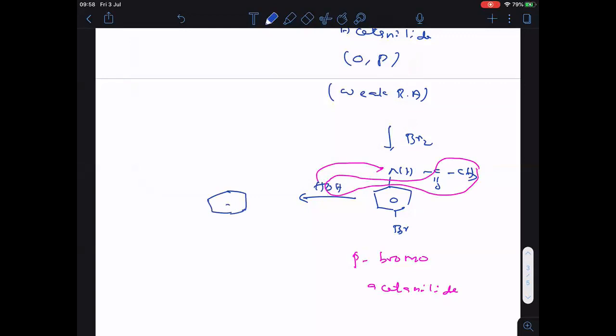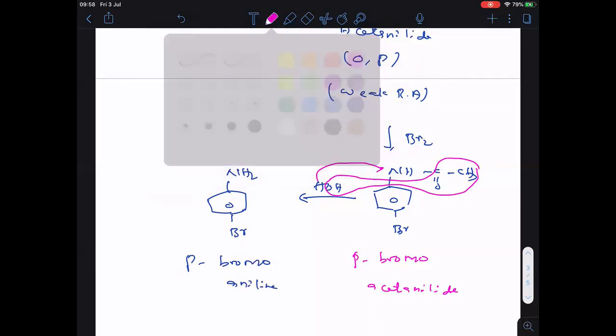Followed everyone? Then what we will get here is NH2 and Br. So what is this one? This is para-bromoaniline. Here you see only one bromine is substituted, so it is a mono-substituted product.